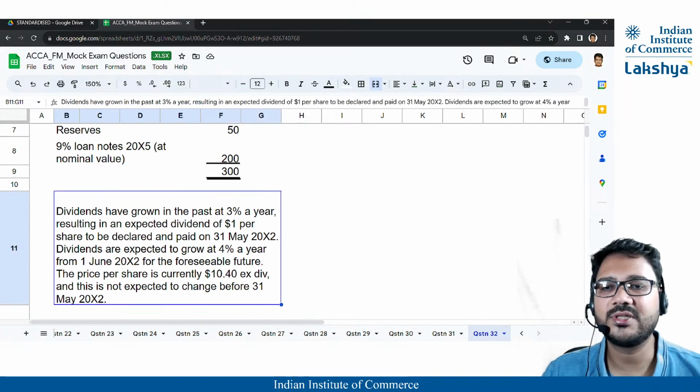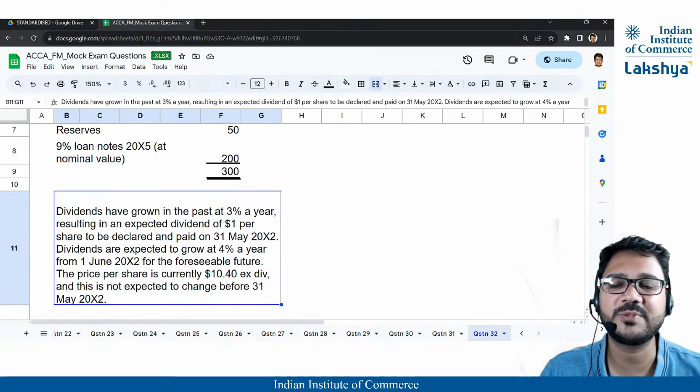Dividend has grown in the past at 3%. So, dividend growth rate is 3% a year, resulting in an expected dividend of $1 per share to be declared and paid on 31st May 20x2. Dividends are expected to grow at 4% a year from 1st June 20x2 for the foreseeable future.